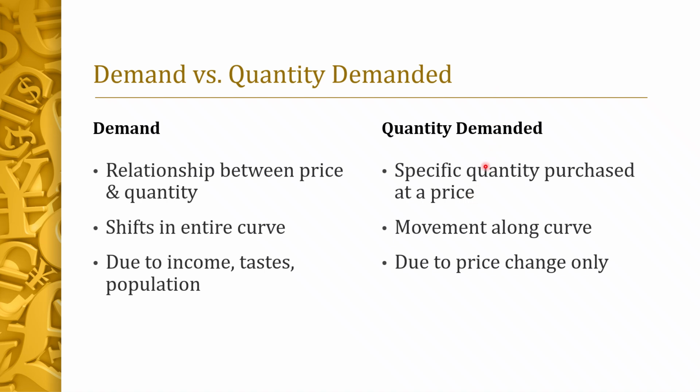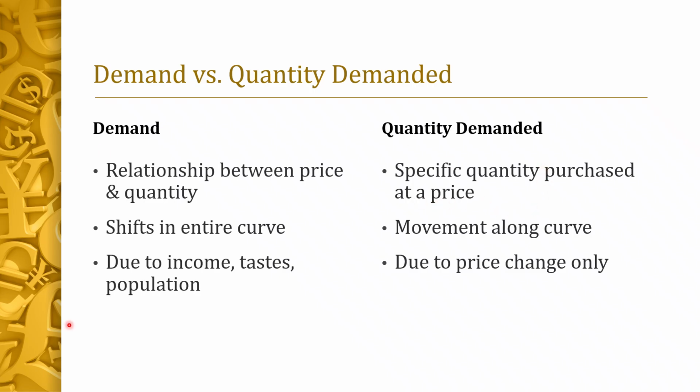Now let's understand the difference between demand and quantity demanded. So when we talk about demand, we say that demand means the entire relationship between the price and quantity demanded. Whereas quantity demanded means a specific amount consumers buy at a specific price.